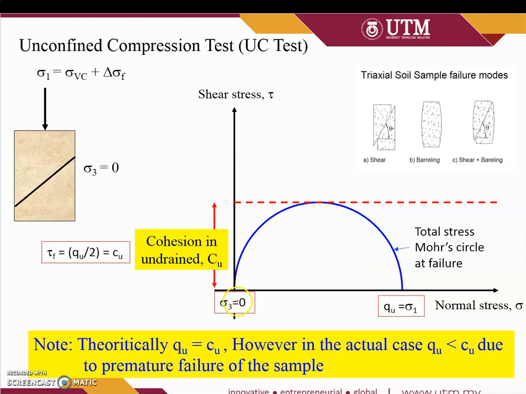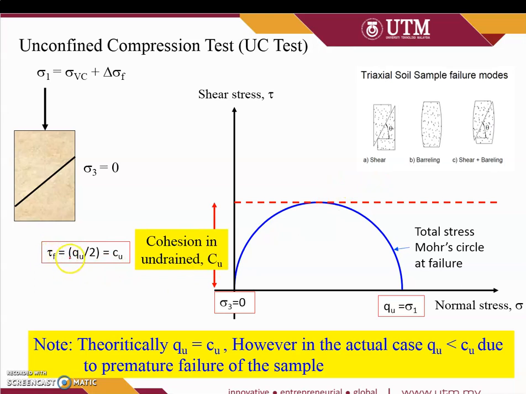So when we plot the Mohr circle, we can get the C sub U value. The UCS test is usually conducted for clay type soil, which is why we get the C sub U value.